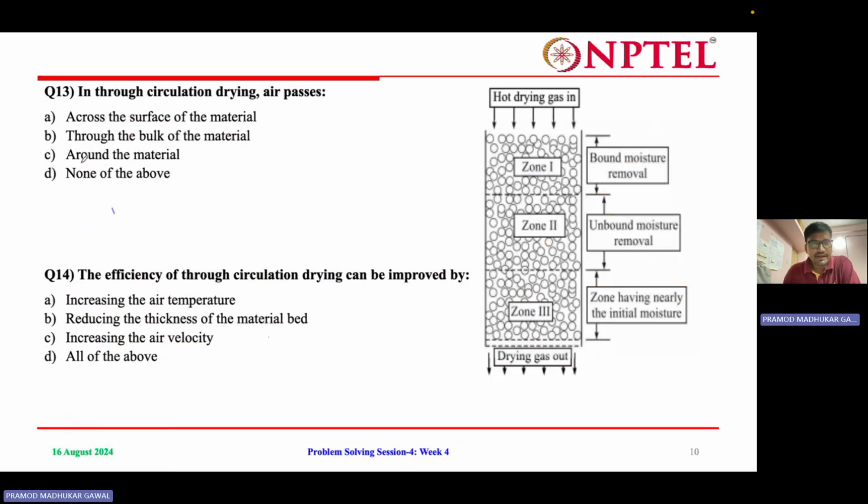In a through circulation drying, air passes across the surface of the material, through the bulk of the material, around the material, or none of the above. So through the bulk of the material. Question 14. The efficiency of through circulation drying can be improved by increasing the air temperature, reducing the thickness of the material bed, increasing the air velocity, or all of the above. So here it is all of the above.